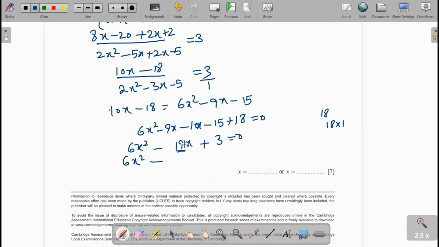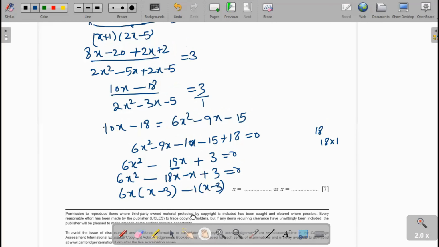Now therefore we can write 19x as minus 18x minus x plus 3, and we take the common factor in both terms. Now 6x is the common, that is x minus 3, and minus 1 is the common, x minus 3.